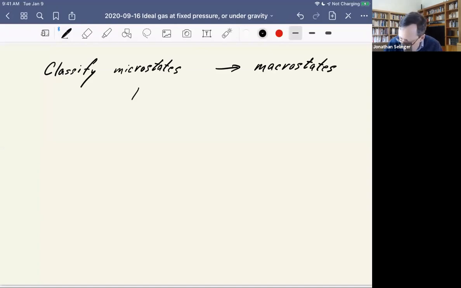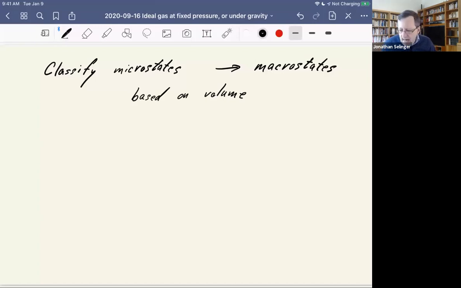So all the microstates with the same volume get classified into a single macrostate.